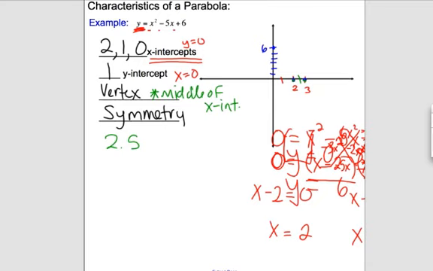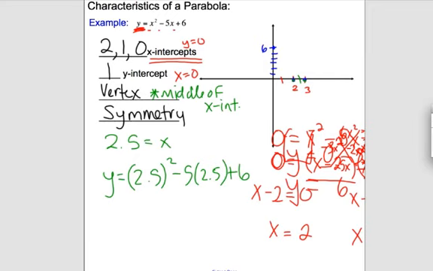So 2.5 is my middle, and once again, I'm going to plug in that number. I'm going to plug this in for x, and I'm going to see what y has to be. So y equals 2.5 squared minus 5 times 2.5 plus 6. Punching that into my calculator, since there are so many decimals here, I get negative 0.25.